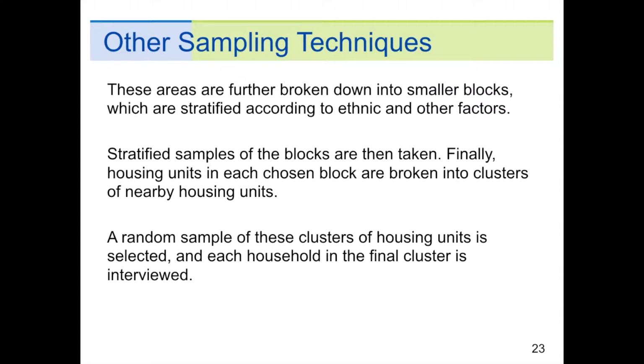Stratified samples of the blocks are then taken. Finally, housing units in each chosen block are broken into clusters of nearby housing units. A random sample of these clusters of housing units is selected, and each household in the final cluster is interviewed. So many different stages there, using different techniques, getting down to what they want.